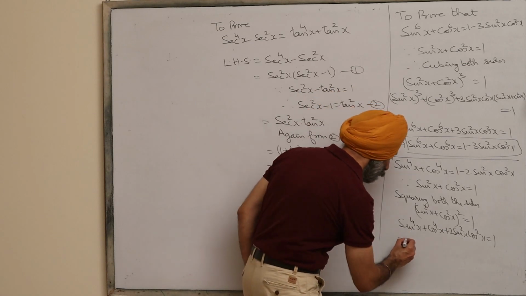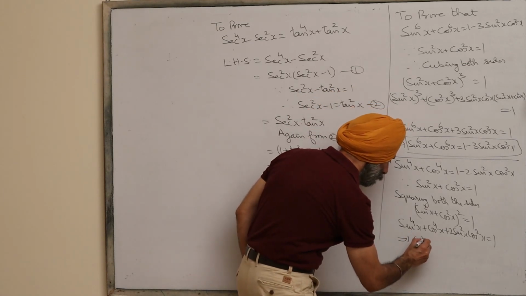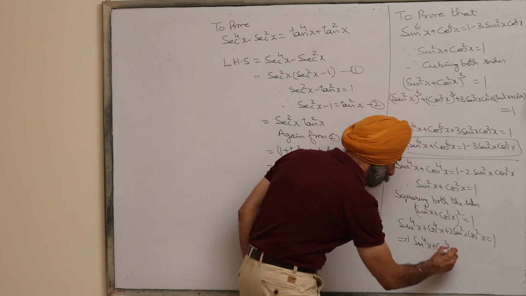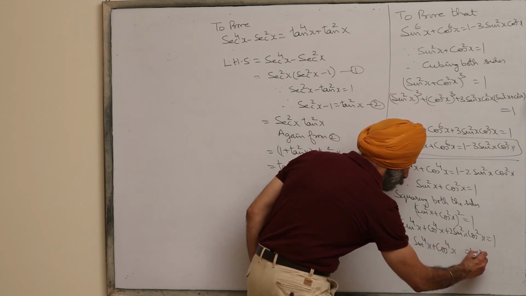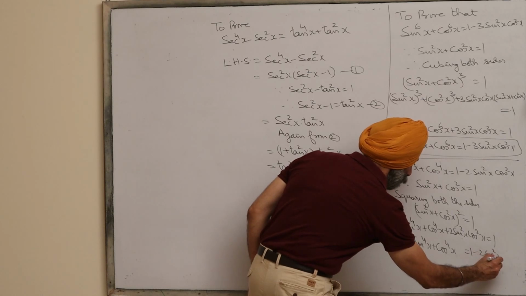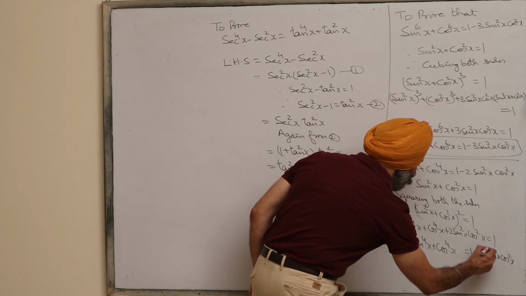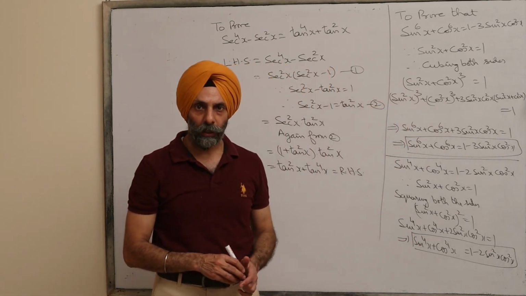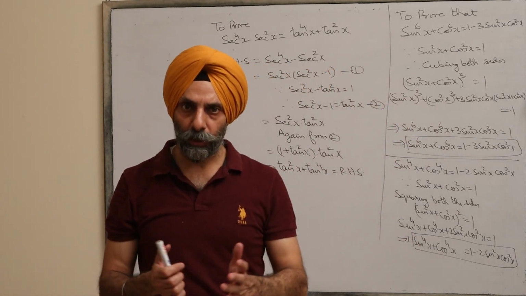So you can see here, from the above equation, we have sin^4 x plus cos^4 x as 1 minus 2 times sin^2 x into cos^2 x. They are very easy to prove, they are very interesting questions.